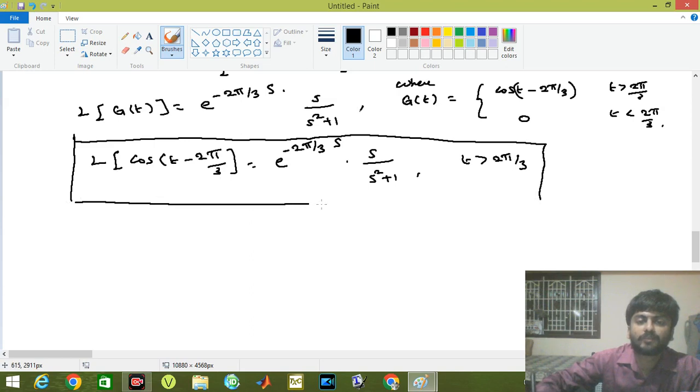What will happen if I use the result to solve the same thing?